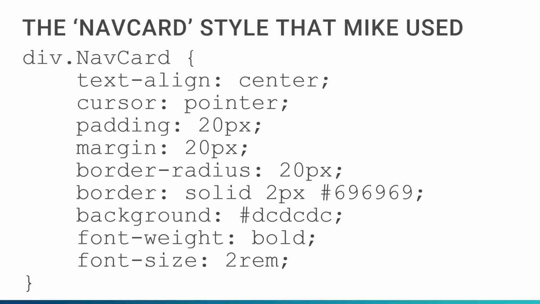Now, the only one thing that I'm going to point out here is we've never really talked about cursor before. You can actually change the cursor through the style sheet. Now, the reason I did this, and this one is optional, I'm going to show you two different ways to do those nav cards. I am going to actually dig into the code and add the link manually.